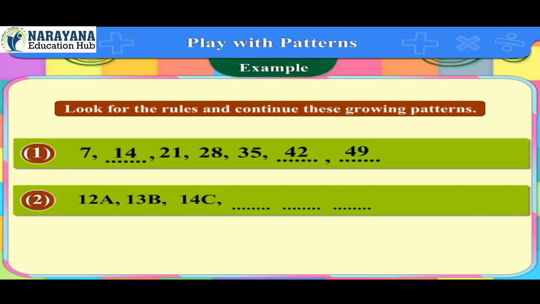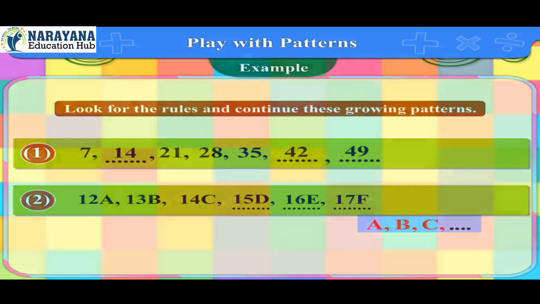In the second pattern, the numbers 12, 13, 14 are given in continuity, and along with that, the alphabets A, B, C are given in continuity. Hence, in the empty space, after that, we will get 15D, 16E and 17F respectively.